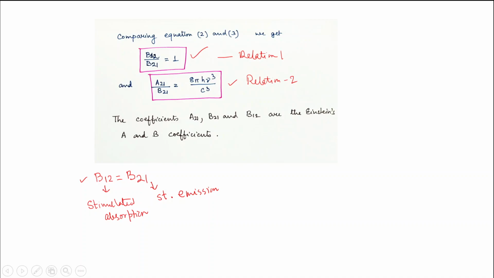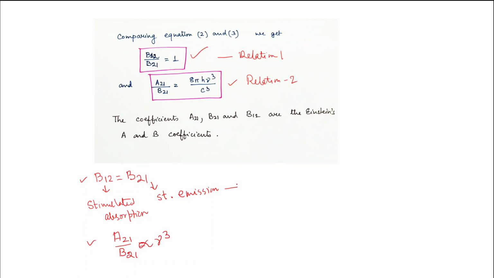At least a minimum of three levels is required to have the lasing action. So this is the significance of this first equation. Now the second equation is, you see here, that A21 by B21 is proportional to nu cube.